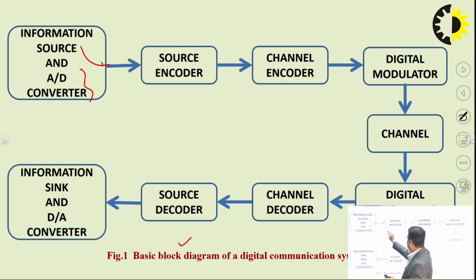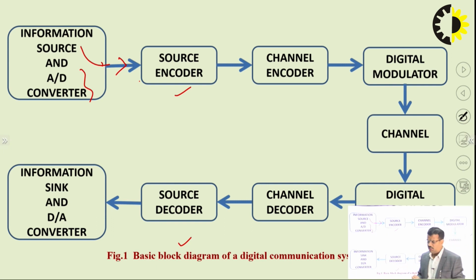Now, this information will go to a source encoder. Source encoder means what? It encodes the information that is coming from the source. It also performs data compression of the signal, because we know in digital format your data is so high, so big, so large.